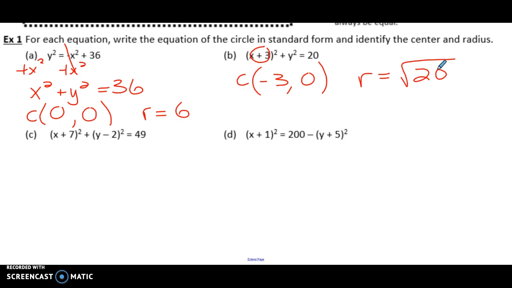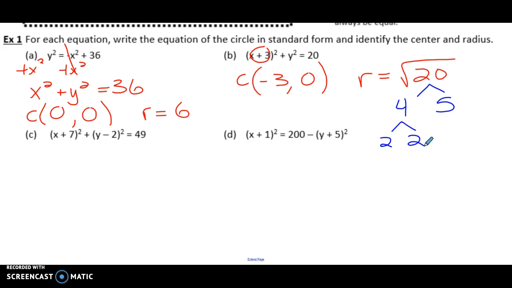Yep, dates to prom. Good memory. So do a little factor tree. What times what is 20? 4 times 5. 2 and 2, right? You keep breaking them apart until you can't go any further, until you get prime numbers. This is good ACT review for juniors and seniors, which is all of you.